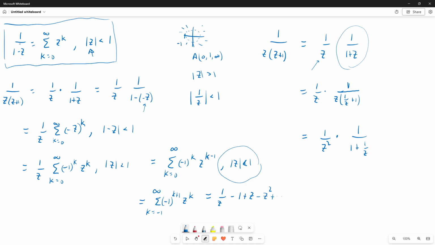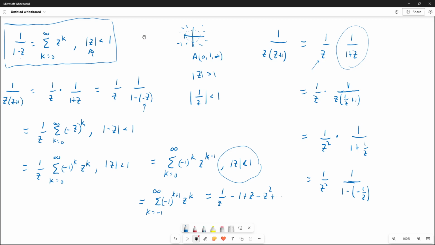It looks like this, and it has the variable 1 over z instead of z. Of course, it has a plus where we want a minus, so we'll just turn that into a double negative. 1 over z squared, 1 over 1 minus -1 over z. So now we could use the geometric series formula on this.